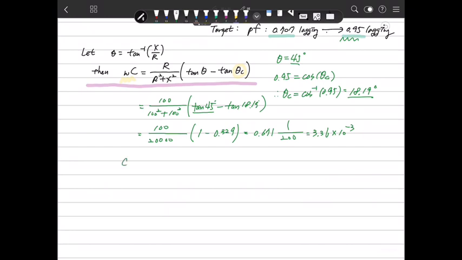So from here we can calculate C as 1 over omega times 3.36 times 10 to the minus something. Then the result was 8.9, and the unit of capacitance is farad.